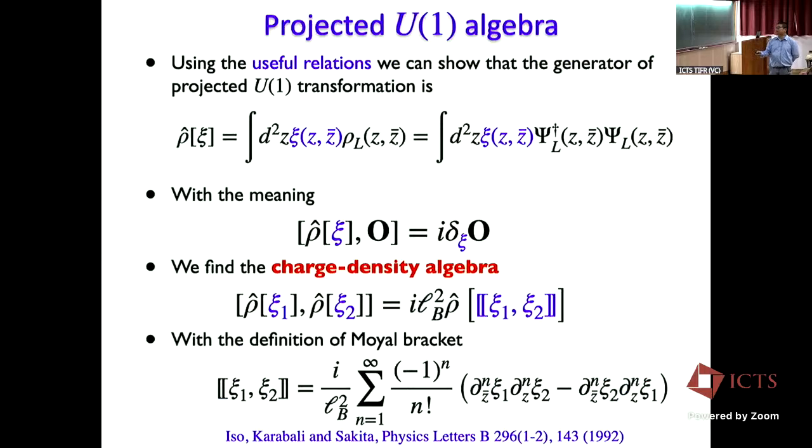And then, similar to what we did before, we can show that the commutation relation of the density operator with different psi can be mapped to another operator, such that the bracket inside is a Moyal bracket with a lot of derivatives. So we call this the Chern density algebra. That comes from the commutation relation of the density operator in the lowest Landau level, and it's also the generator of the projected U1.